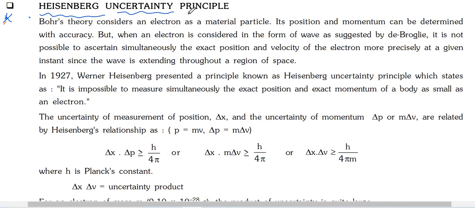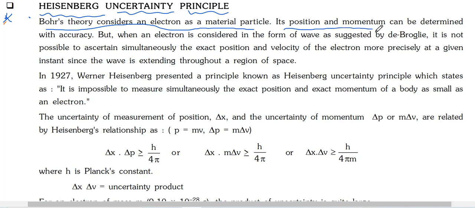Next, Heisenberg uncertainty principle. Bohr's theory failed due to two reasons. One is the uncertainty of the electron's position, and the second is the dual nature of the electron. He did not consider these two because at that time these were not discovered. Bohr's theory considered an electron as a material particle.